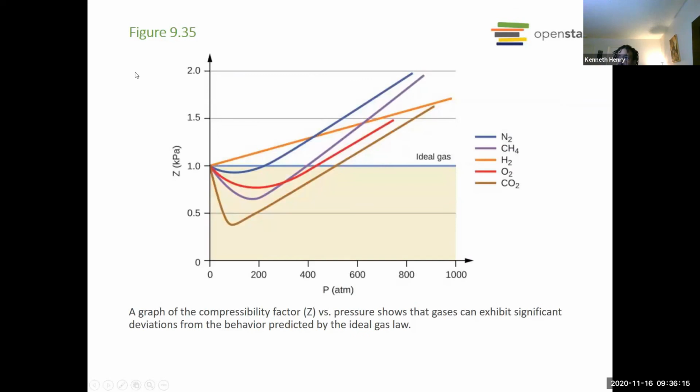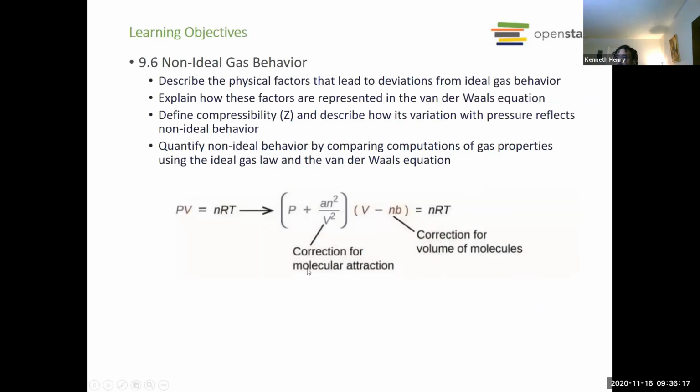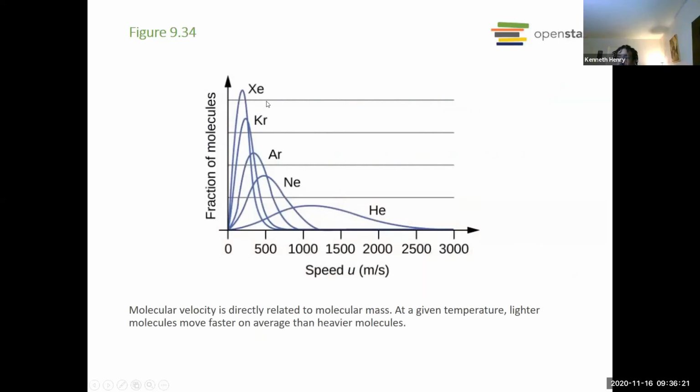Let's see. So that's the one for non-ideal gas. This one is for when we're talking about kinetics, molecular velocity. The square root of 3RT over the special molar mass. Okay.